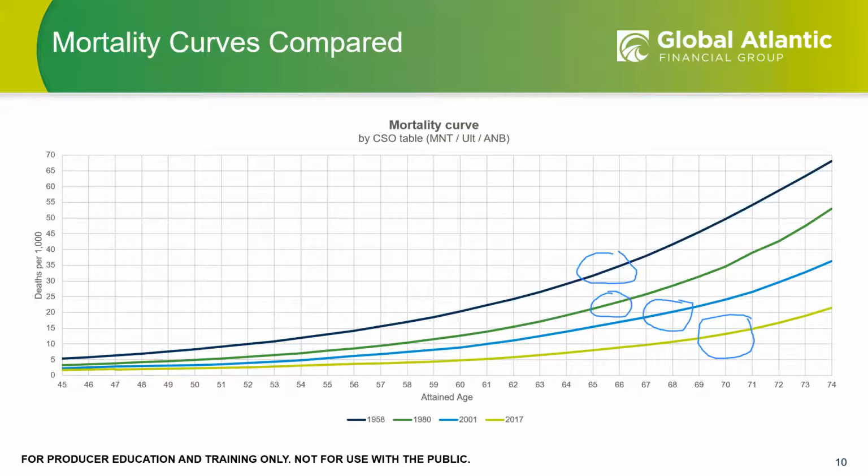So if you noticed with any carriers whose only change to their product was moving from 2001 to 2017 CSO, and you compared two products, what you'll see is those MEC premiums are actually lower on the 2017 CSO product. That makes a difference because that starts to impact the actual costs in the contract through the net amount at risk.